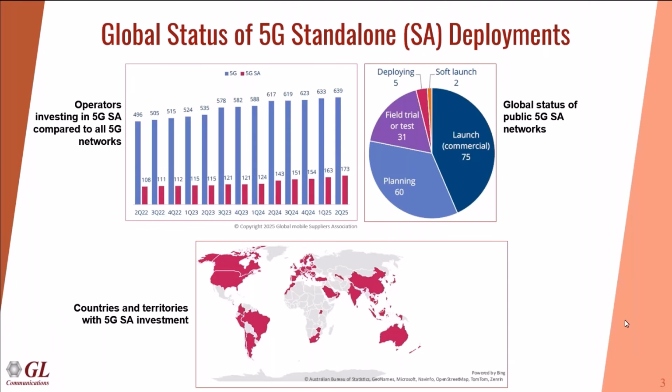On the right hand side, at least 75 operators in 43 countries have already launched public standalone networks. Another 31 are actively doing trials and expected to go online very soon, and 60 service providers are planning deployment. So we expect this momentum to continue till the end of 25 and throughout 26 as well.